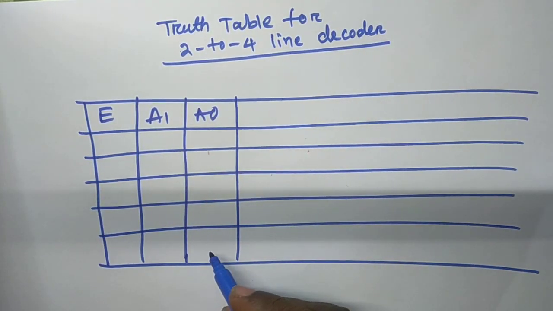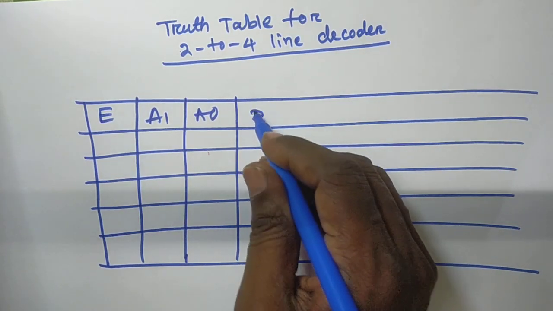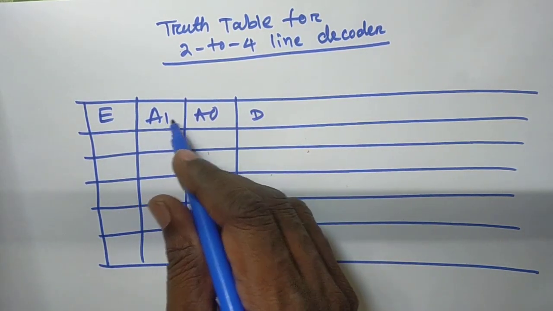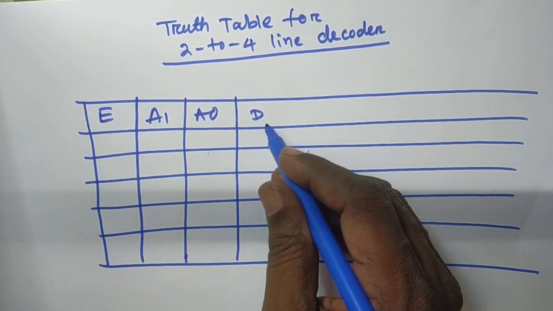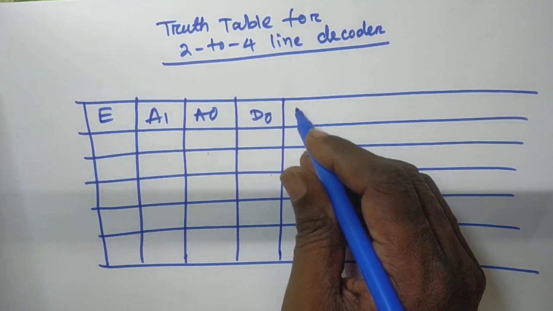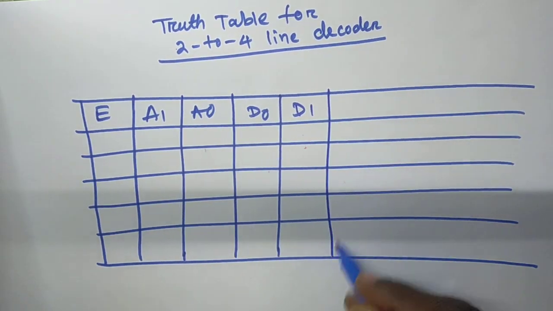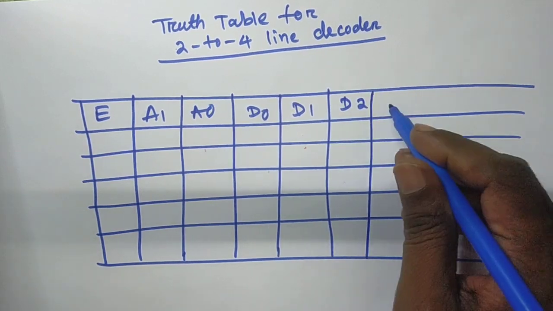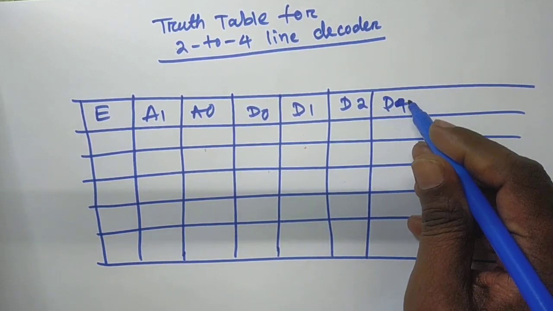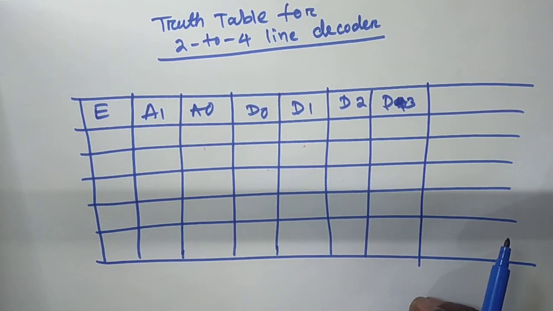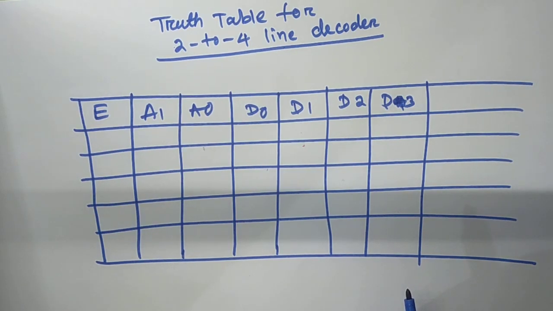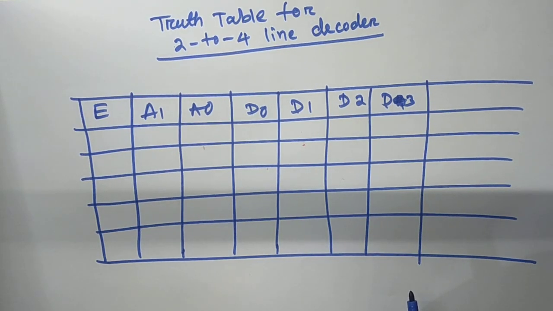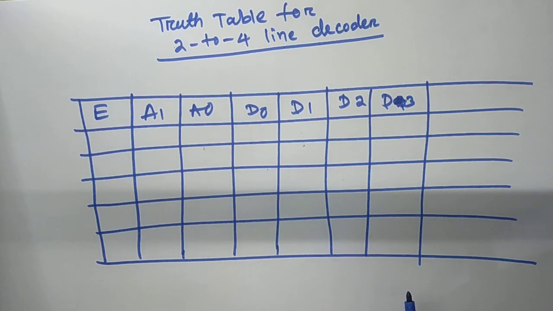And now start output. Since two inputs A0, A1 and enable, and here D0, next is D1, next is D2, next is D3. Okay, these 4 outputs and 2 inputs we will just consider. Then how the truth table defines the output based on input.